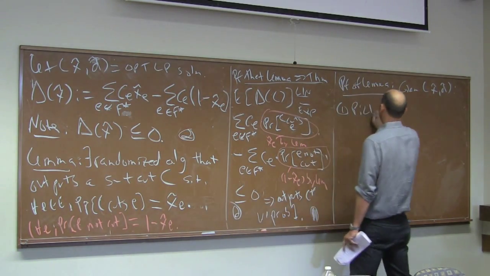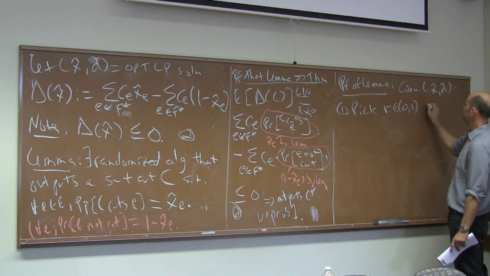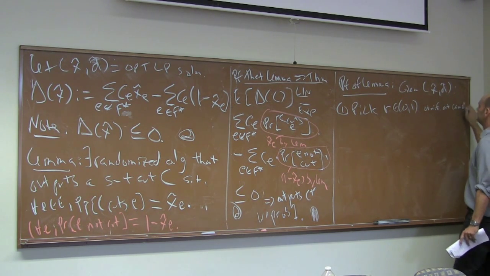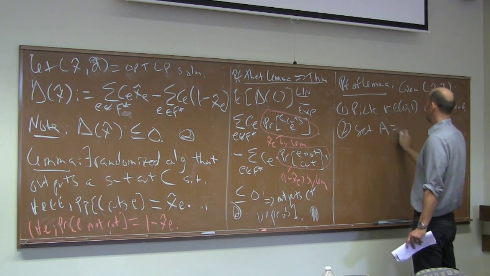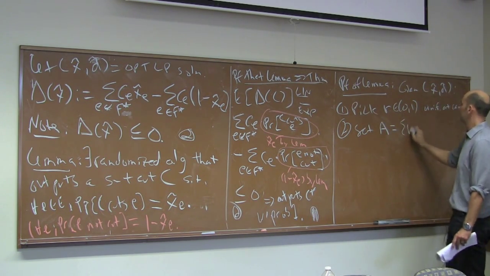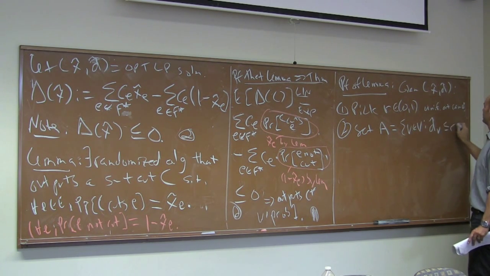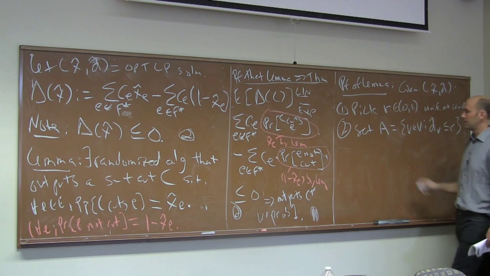So pick a radius r strictly between 0 and 1, uniformly at random. Set the source side of the cut to be the vertices such that d hat v is at most r. Remember, the d value of s is 0, so that certainly goes into A. And t is at 1, and r is less than 1, so t certainly goes on the opposite side.